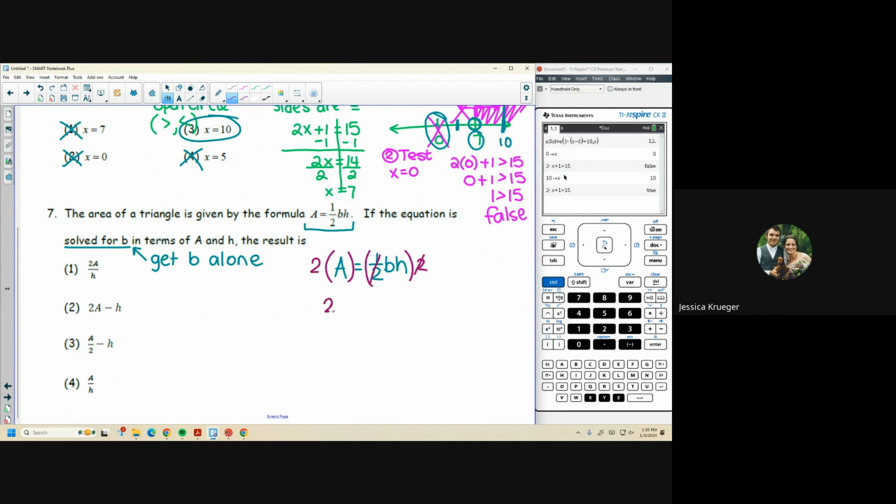So on the left, I get 2A equals B times H. So now to get B by itself, I need to get rid of times H. To get rid of multiplication, I use division. The H's are gone. And I get B equals 2A over H. And that corresponds to choice number 1.